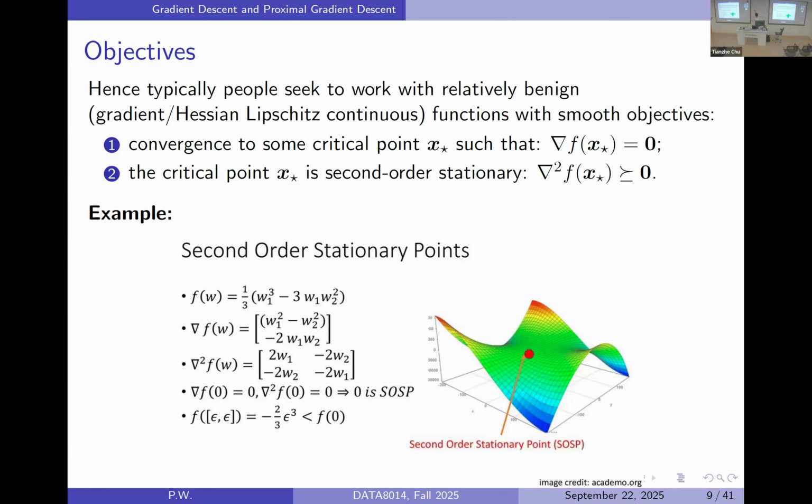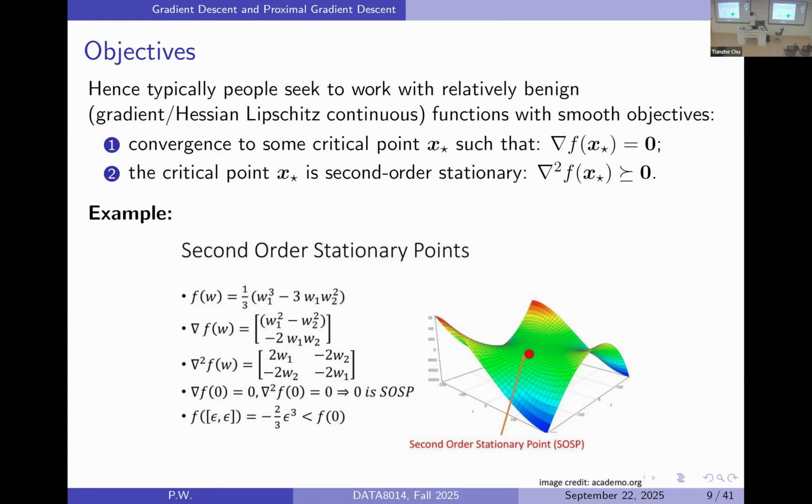And we say this matrix A is positive semi-definite if x transpose A x is non-negative for any x. This is the definition of positive semi-definite.